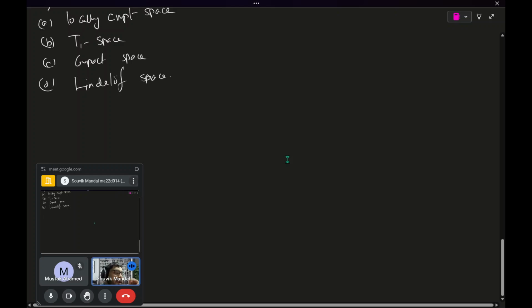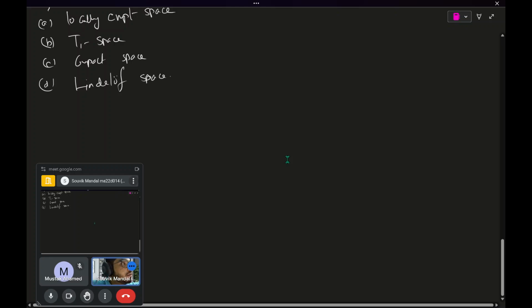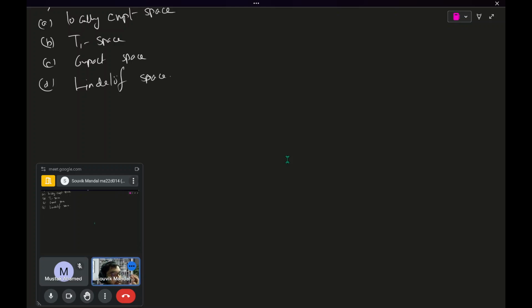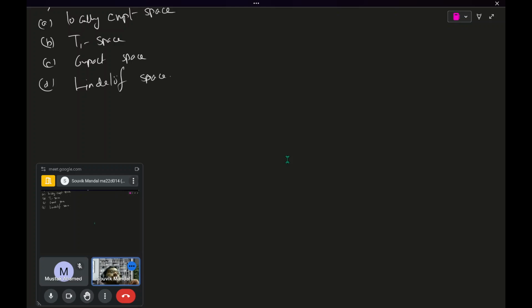Think about it. Here X has discrete points with the topology generated by the sets {0, n}, as a subspace. Now the question is whether X is locally compact, T1, compact, or Lindelof. Which one is true?